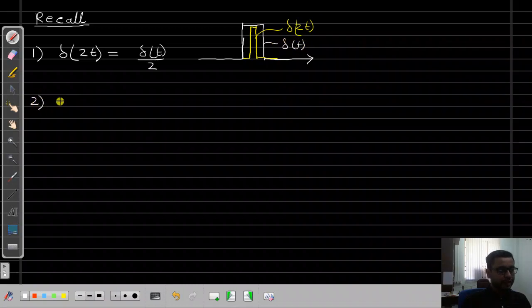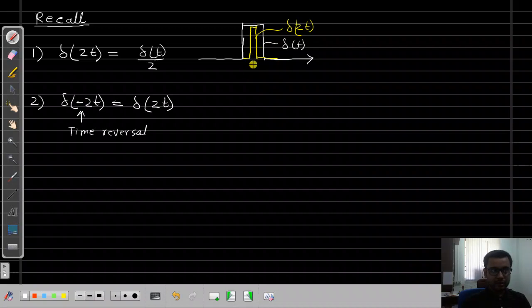Then if I write delta of minus 2t, that will be the same as delta of plus 2t, because of the time reversal from the minus sign. However, if you flip this signal horizontally around t equal to 0, nothing changes.